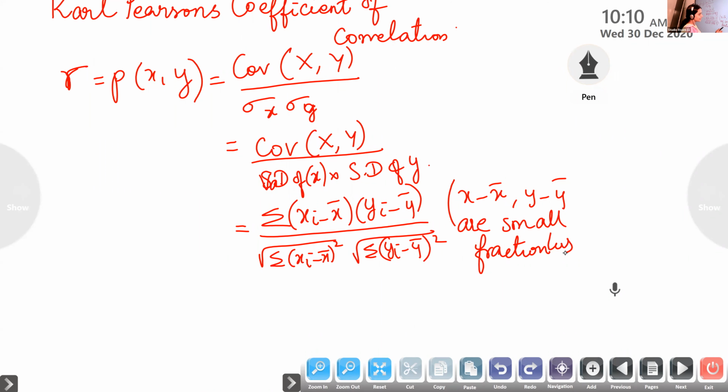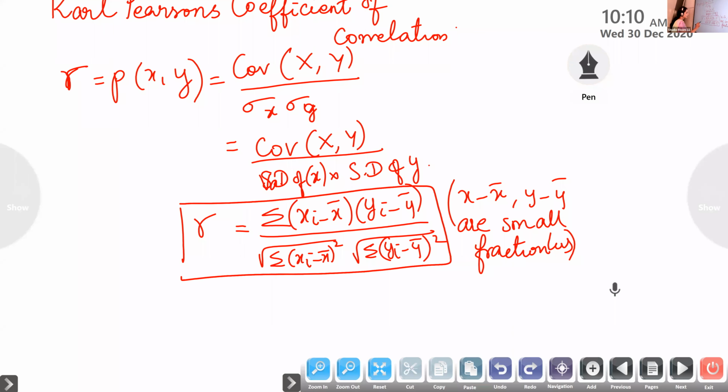This is the first formula for Karl Pearson's coefficient of correlation. We denote this as r. And we use this formula when xi, yi, x bar, y bar are very small numbers.